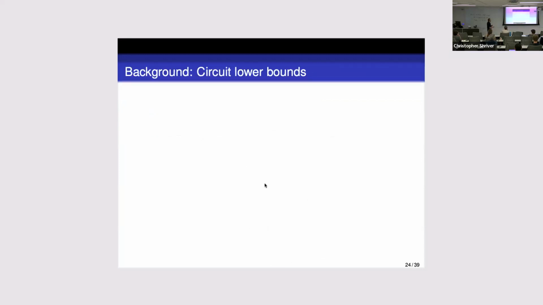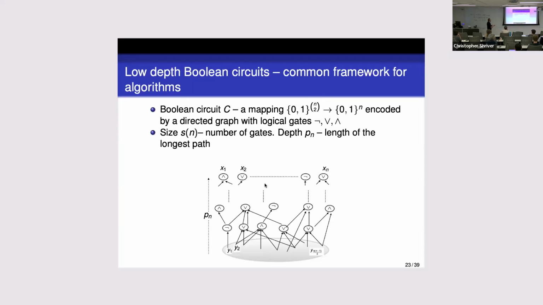So a bit of background. There are several parameters associated with Boolean circuits, but the two that we will focus on are the following. First is the size, which is the number of gates, the number of nodes that you see in this network. And the second is the depth, how many layers you have.